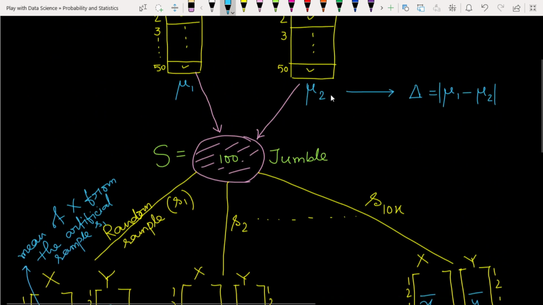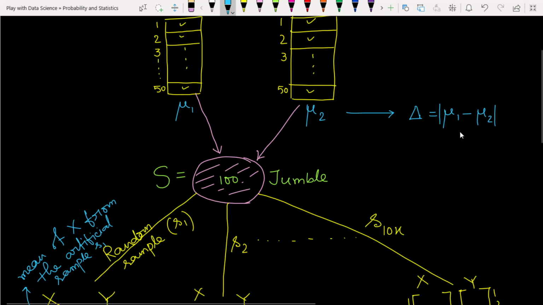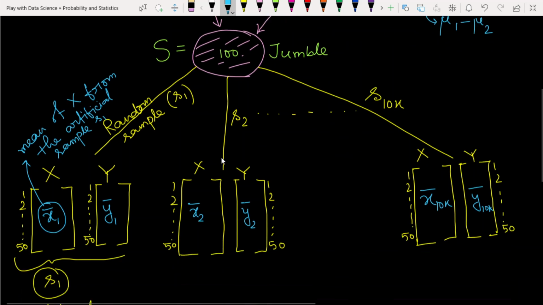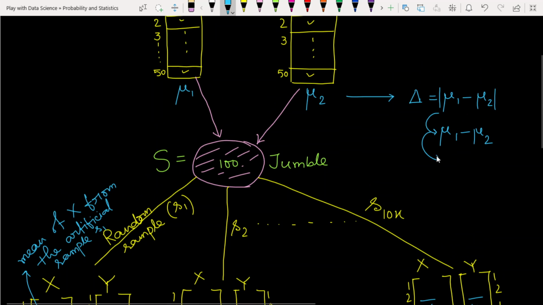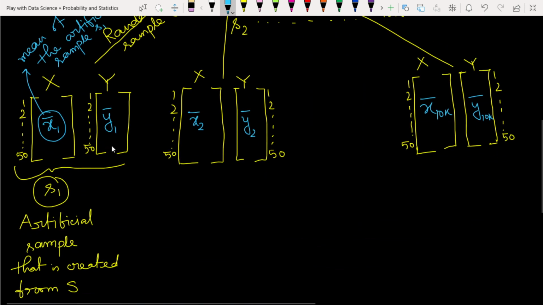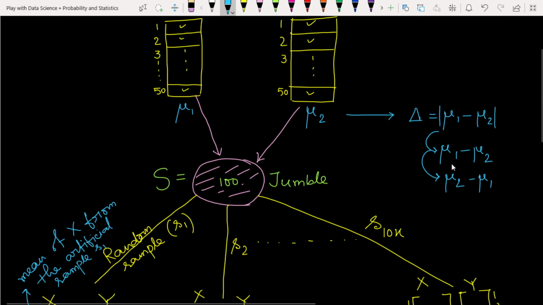If we take mu1 minus mu2, then we will use x1 minus y1. If we use mu2 minus mu1, then we will use y1 minus x1. The order is also maintained.